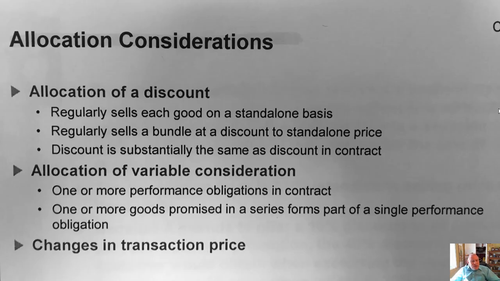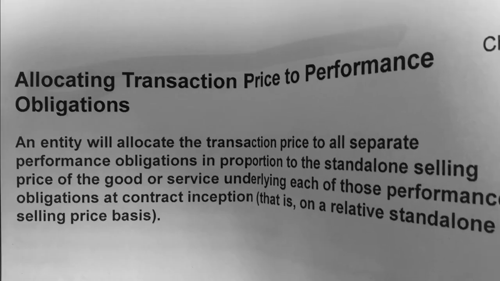Allocation of a discount, okay, we're going to reduce it by that. If there's variable compensation consideration coming in, that has to be adjusted. And that all results in changes in the transaction price.